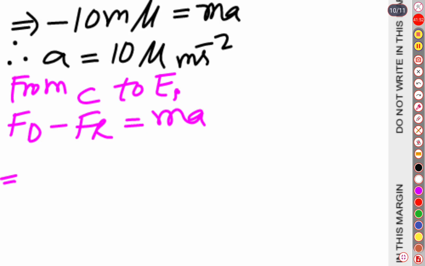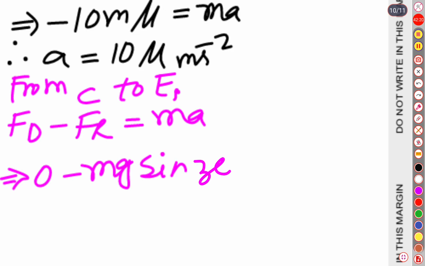Driving force was actually nothing, because the particle was moving on its own, so it is 0. There are two resistance forces. One is weight causing resistance to motion, that is mg sin 30 degree.